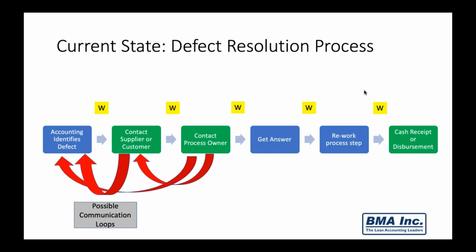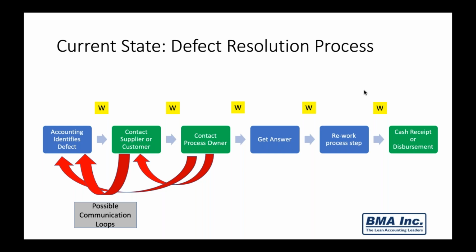Accounting typically identifies the defect. Now, what's interesting about that is that accounting is at the end of the process. So that triggers a lot of work. Accounting will contact the supplier or the customer, or maybe someone else inside the process. Then there's a lot of communication between those three groups of people, back and forth, whether it's emails and phone calls, exchanging information, all to try to figure out what went wrong.